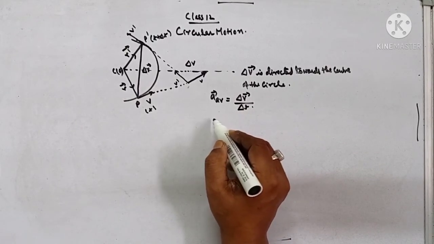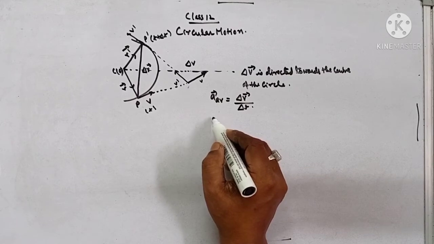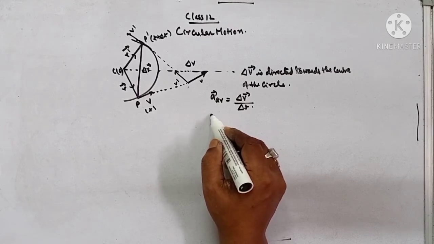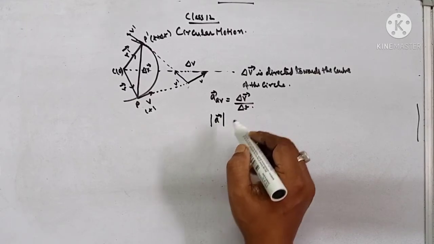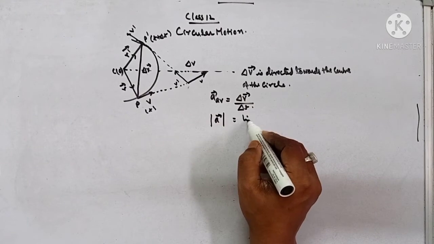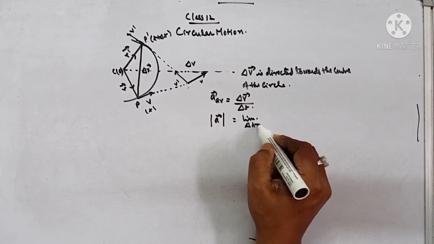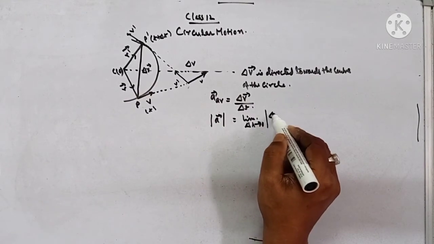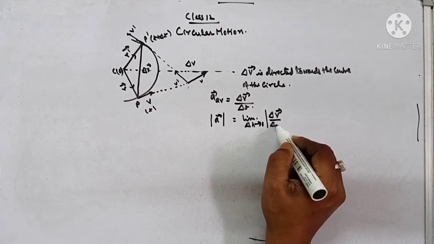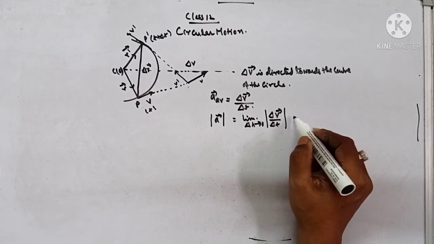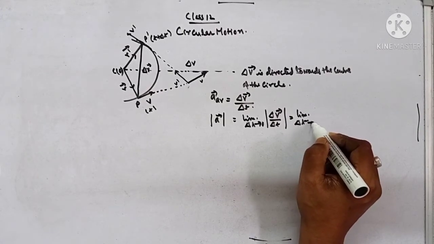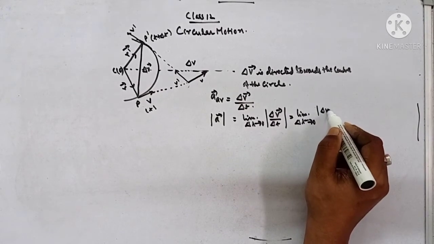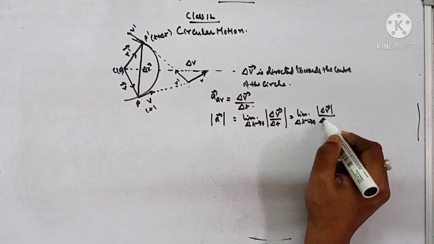So let me take the magnitude of this. This will be limit delta t tends to 0, the magnitude of delta v by delta t.